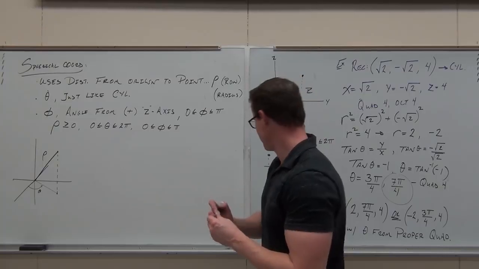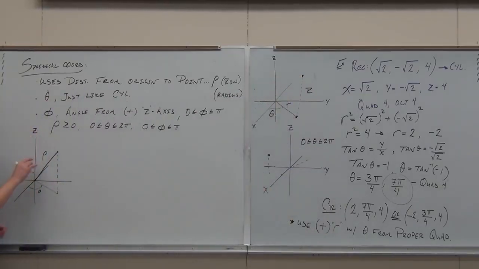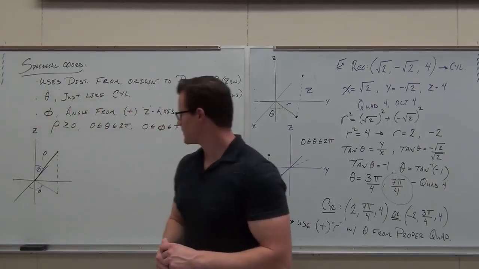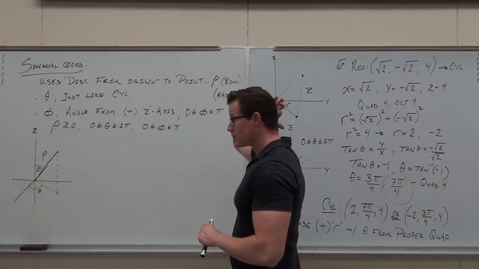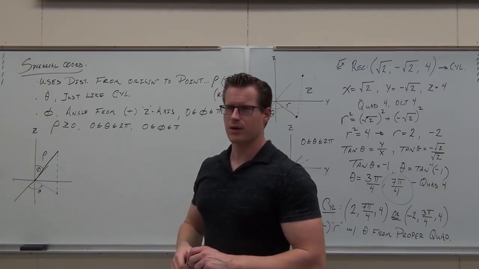And then we have this guy. From the z, positive z, not negative z, positive z to where that rho is, that is what phi is. Head nod if you're okay with that one.